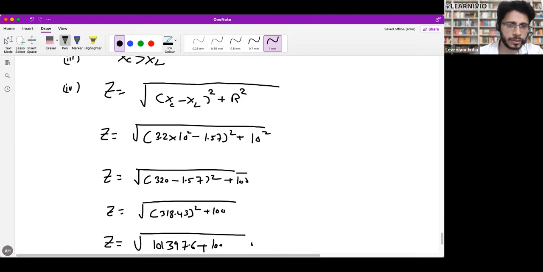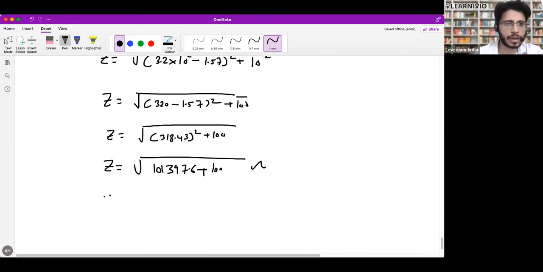So this much ohm is the impedance. Now if I calculate this value, it's near to 318 or 317. 101397.6 plus 100 is 101497. Can anyone take the root of it?